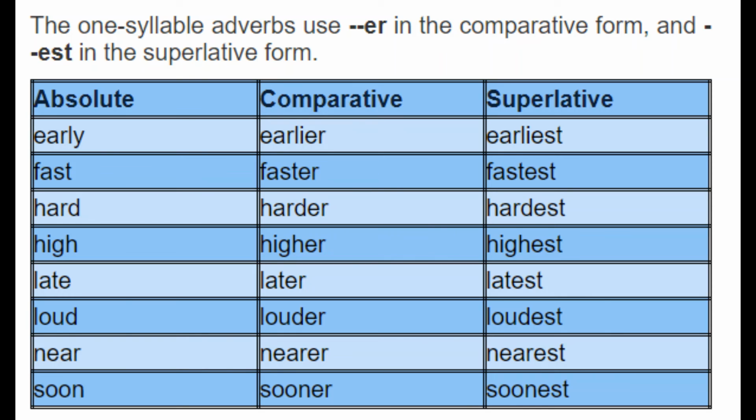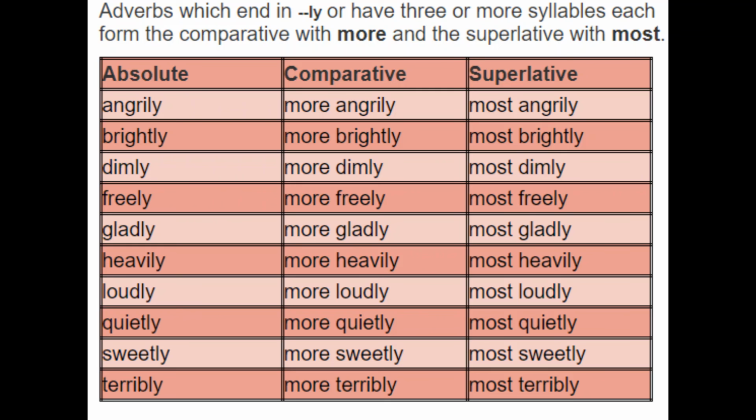Early, earlier, earliest. Fast, faster, fastest. Hard, harder, hardest. High, higher, highest. Late, later, latest. Loud, louder, loudest. Near, nearer, nearest. Soon, sooner, soonest. So we are adding er to the comparative form, which is in the middle.